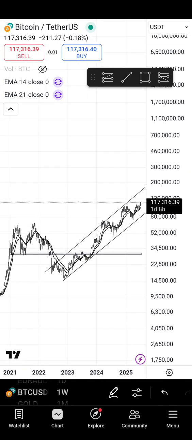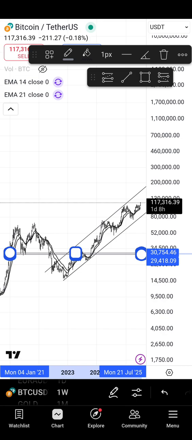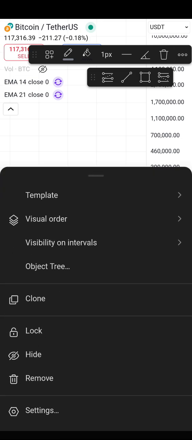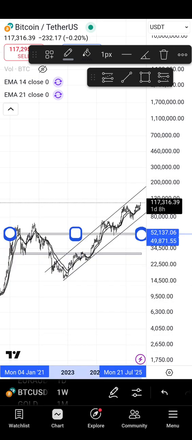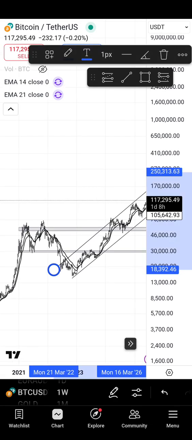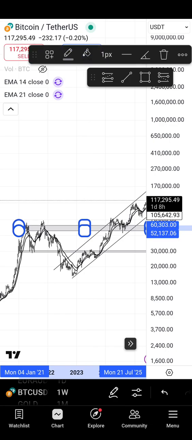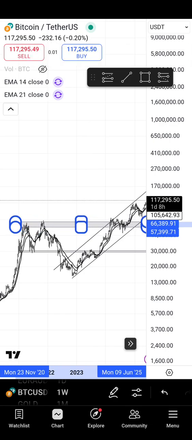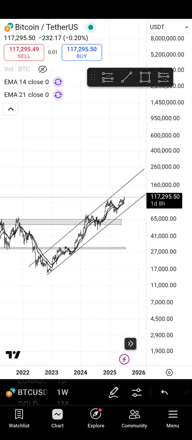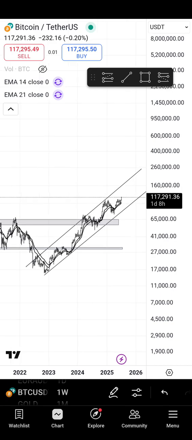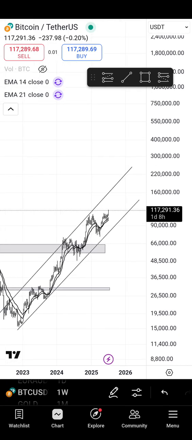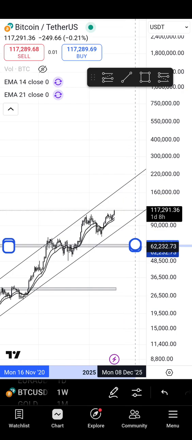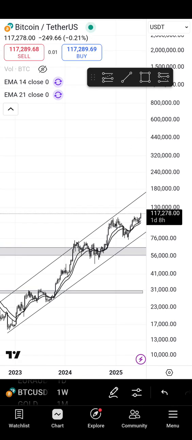Normally I do this on my laptop, but I just want to see what it will look like doing it from the phone. I can see another support here, which was a resistance, but it became a support here. As you can see, the market always reacts when it comes to all of these kinds of zones.